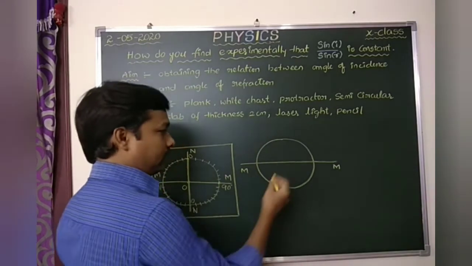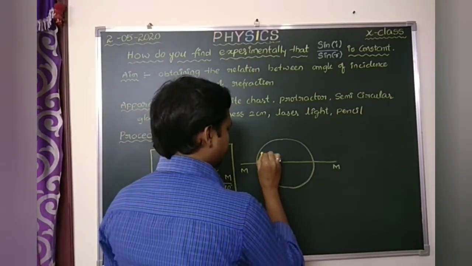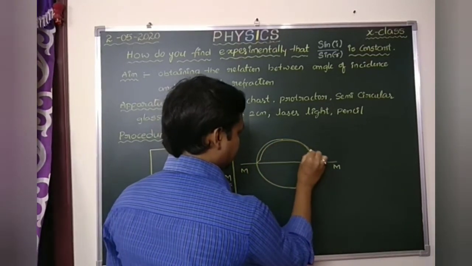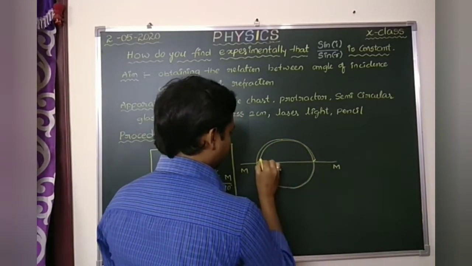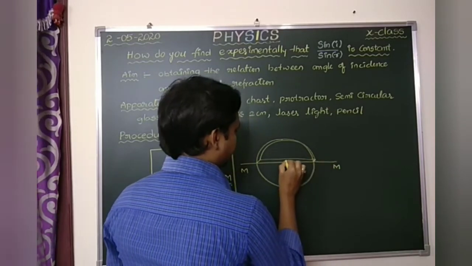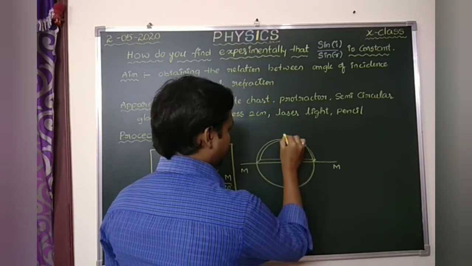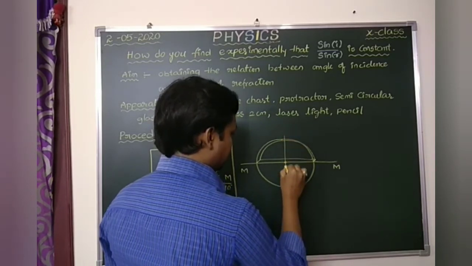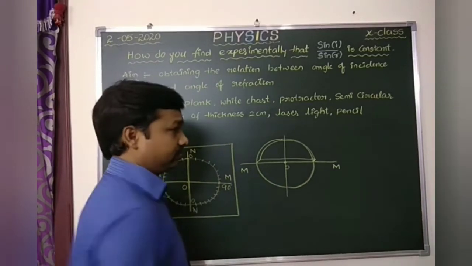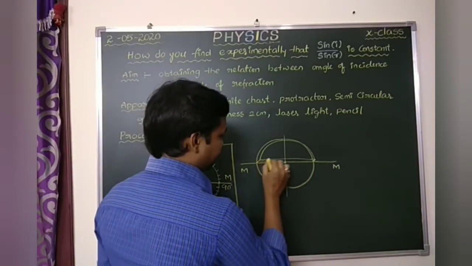This is the glass slab, this is the point O and this is the NN line.